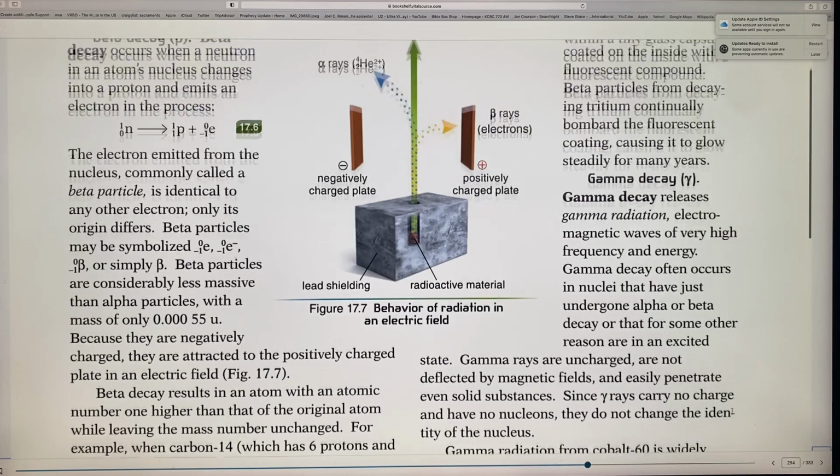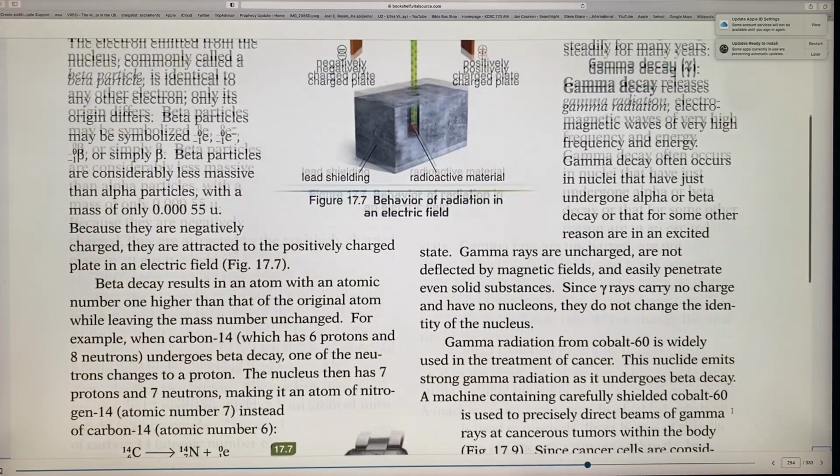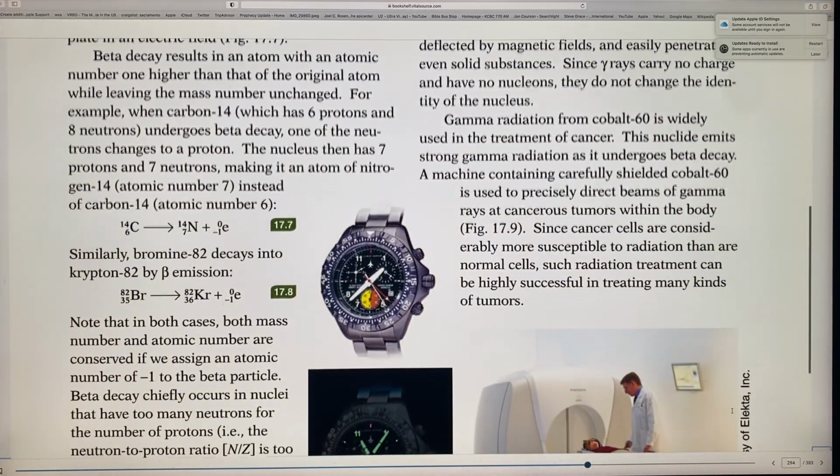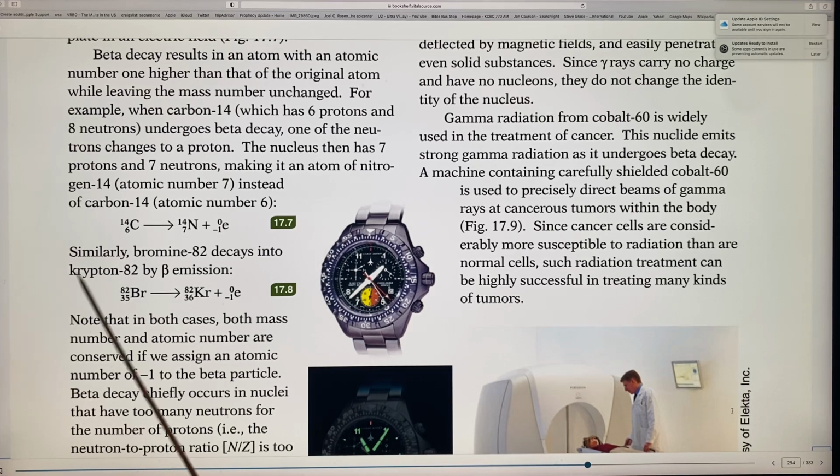So you can always know a beta equation. Here's one, because it's going to look like this. You'll see 14, 6, and 14. This nucleus has 7 protons and 7 neutrons, making it nitrogen. So first of all, we have carbon.